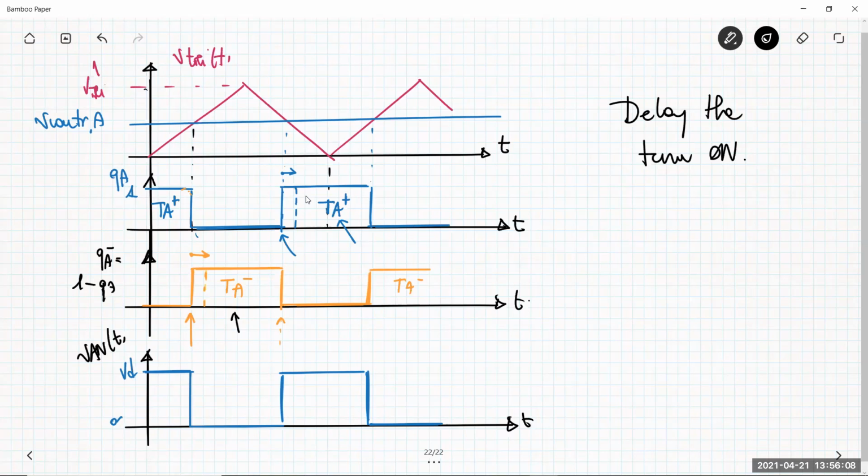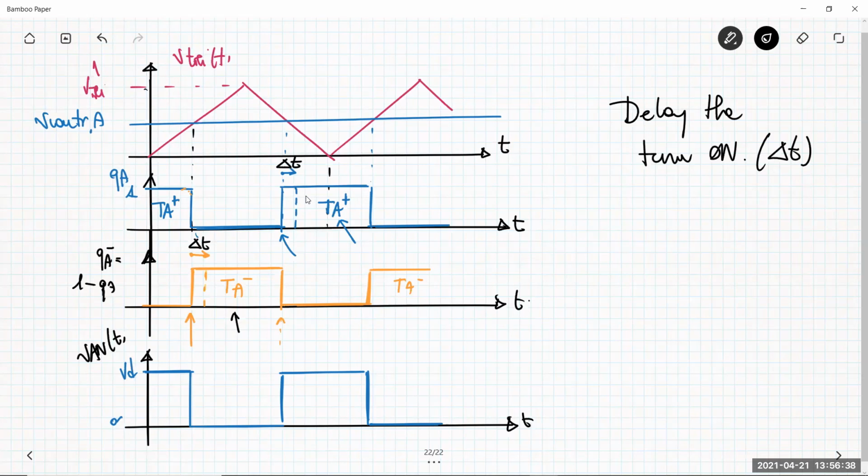Let me call this delay delta T, and this delta T can be hundreds of nanoseconds, for example, or even larger, depending on the characteristic of the device. I prefer a situation in which both switches are left open than a situation in which both switches are conducting simultaneously, of course.